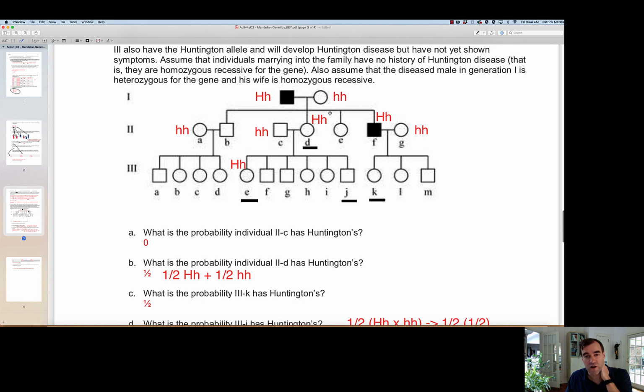So you find the individuals that you know the genotype, and then you try to go up and down, both to ancestors and to offspring, and just figure out how that information propagates. So you know through inheritance rules that that also gives you information about ancestors and offspring, and that's kind of the logic behind what you follow. All right, so that is it for Chapter 3's activity.